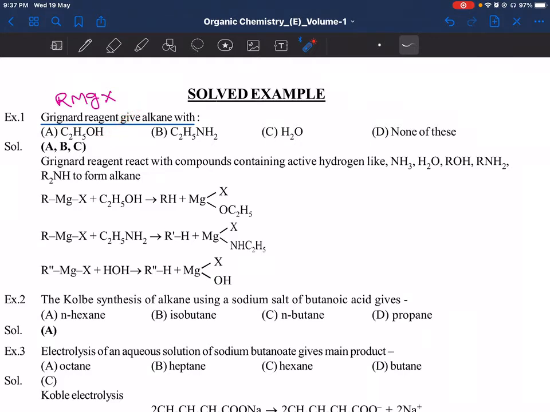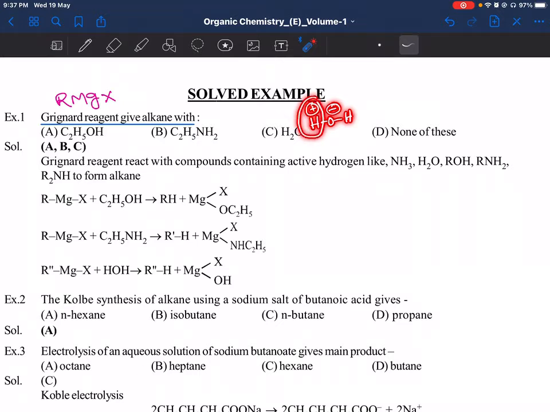And second, nitrogen is combined with hydrogen, so there is an electronegativity difference. That H plus is also polar hydrogen. So this polar hydrogen and R minus combine together to give alkanes. And next, water, HOH, with OH minus and H plus.